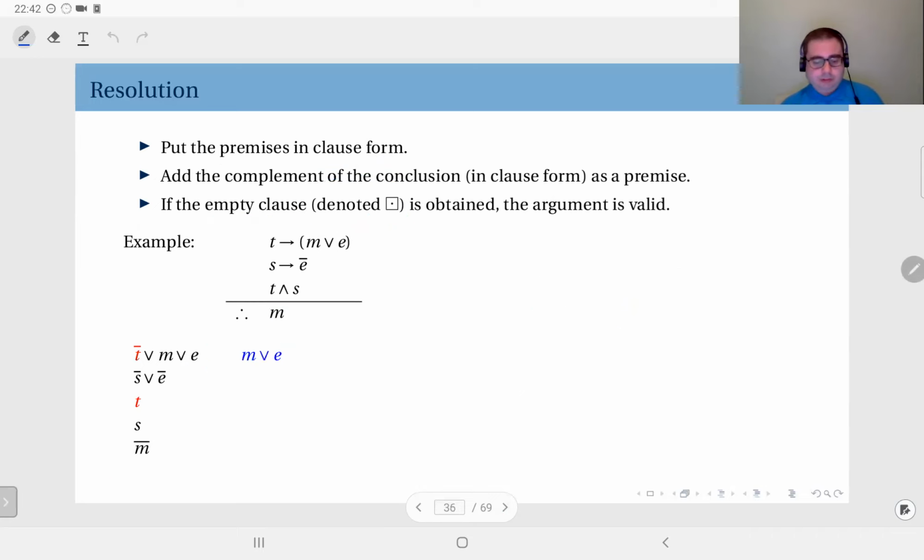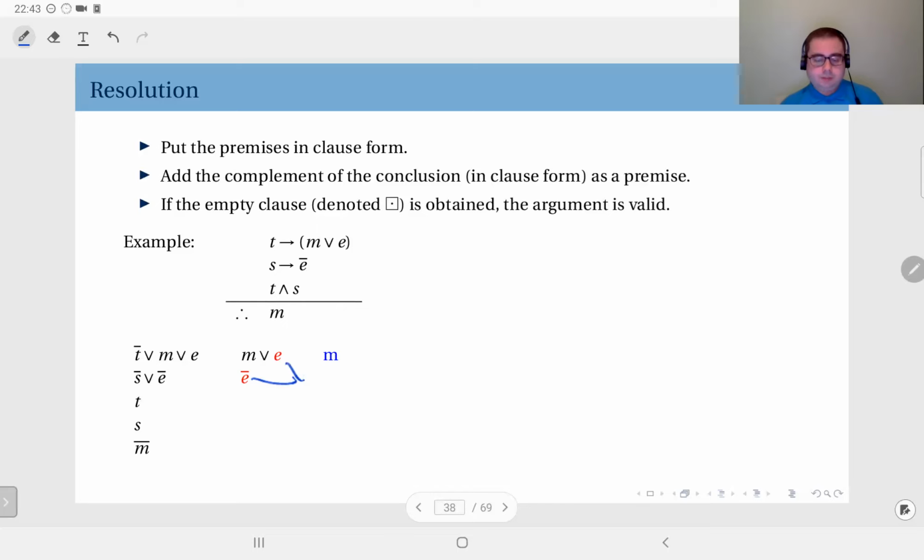Okay, so let's again start with the same, not T and T. These two premises are resolved into M or E, and then you resolve them together with this. Sorry, not that one, but these two, not S with S. These two clauses resolve into not E, and then you can resolve these two.